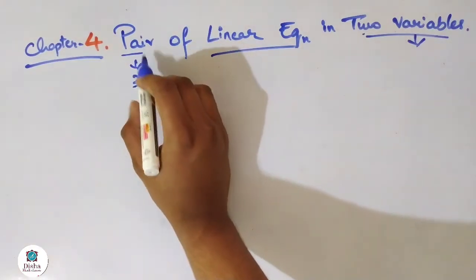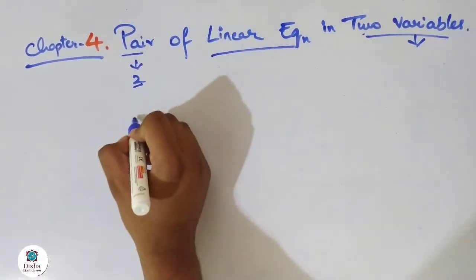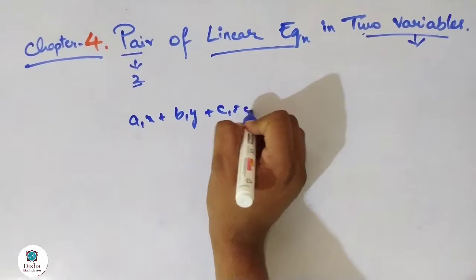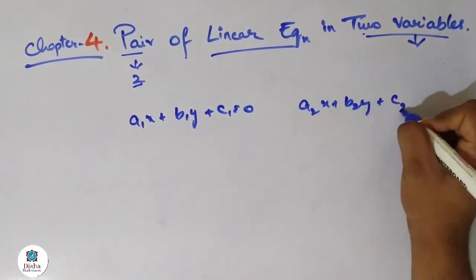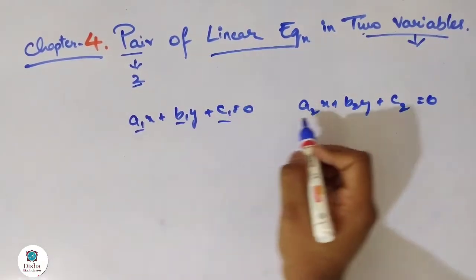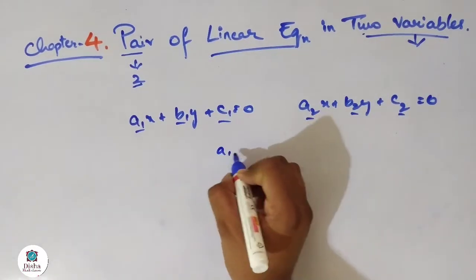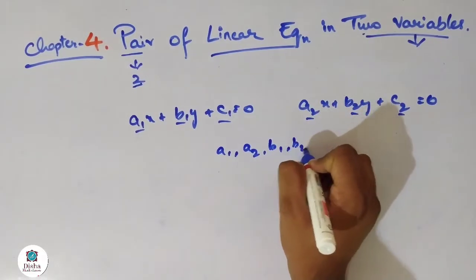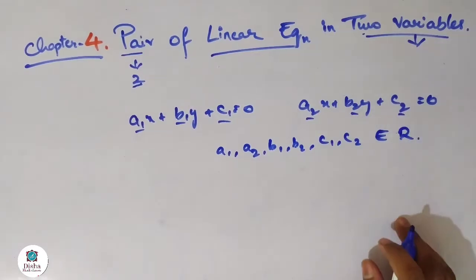We have pair. Pair means two equations. So let us take two equations now. That is a1x plus b1y plus c1 equals to 0, and a2x plus b2y plus c2 equals to 0. Okay. Now here a1, b1, c1, a2, b2, c2, these 6 are real numbers, belonging to real numbers.